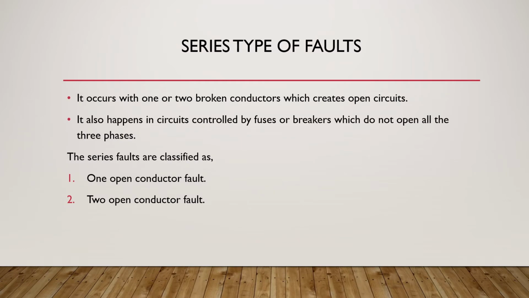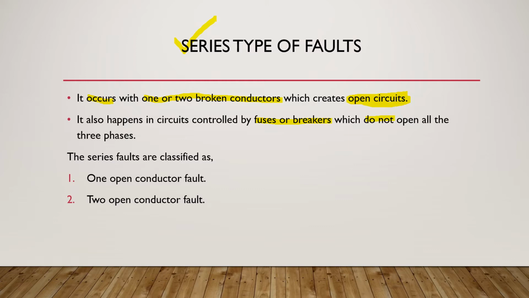Now coming to the series type of fault. It occurs with one or two broken conductors which create open circuits, simply called series type of fault. Or it also happens in circuits controlled by fuses or breakers which do not open all three phases.